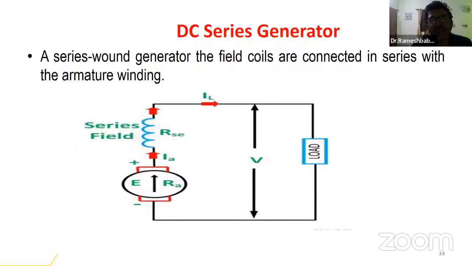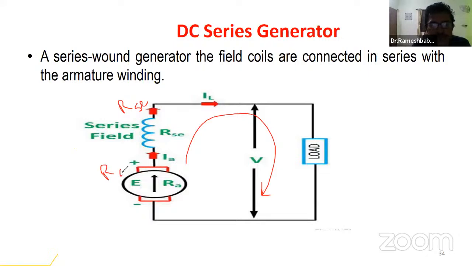Now similarly you can find out for the series generator. The series generator has only one loop because everything is connected in series. So only one loop is available. The load voltage is V, but here two resistances are there: RSC, the series field winding resistance, and the armature resistance.